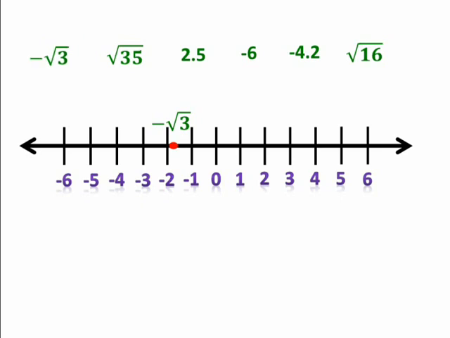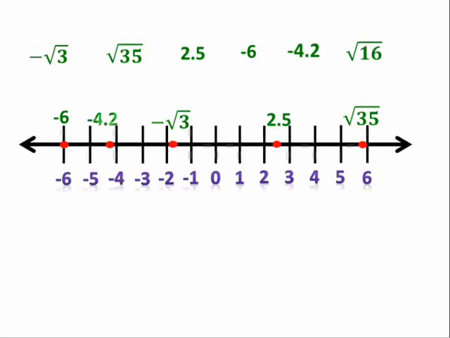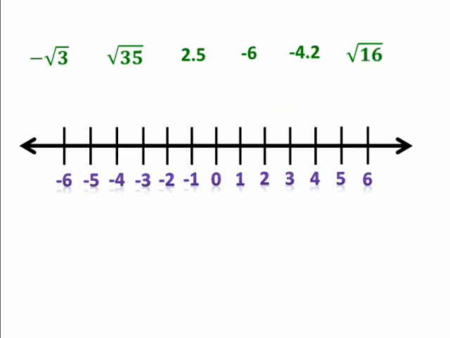The square root of 35 is almost 6 because the square root of 36 is 6. 2.5 falls between 2 and 3. -6 falls on -6 on the number line. -4.2 is a little less than -4. The square root of 16 is 4, so it falls on 4 on the number line.